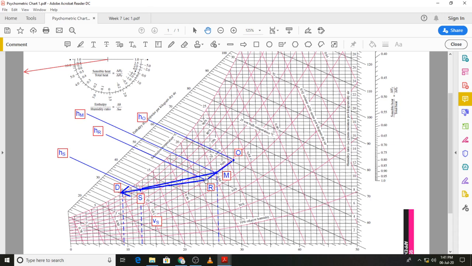And you can see we can read off the specific enthalpies for state R and similarly for state O from the given scale. The next thing that we had to do was to locate state S by using the sensible heat factor and the dry bulb temperature of the state, which is given in the problem as 12.5.